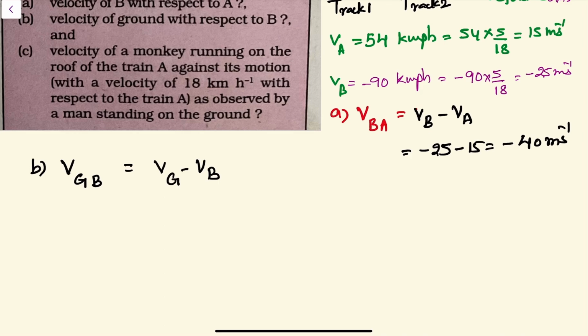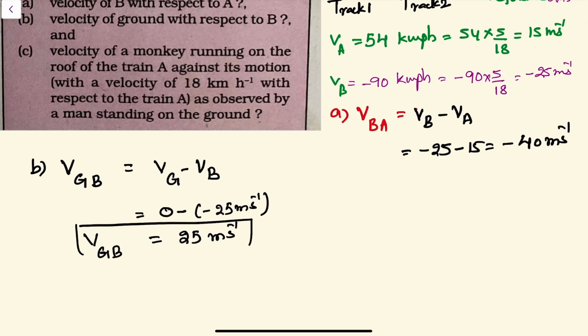Already I said it is 0. What is VB? Minus 25 meters per second. Minus of minus is plus 25 meters per second. So the velocity of ground with respect to B is plus 25 meters per second, right?